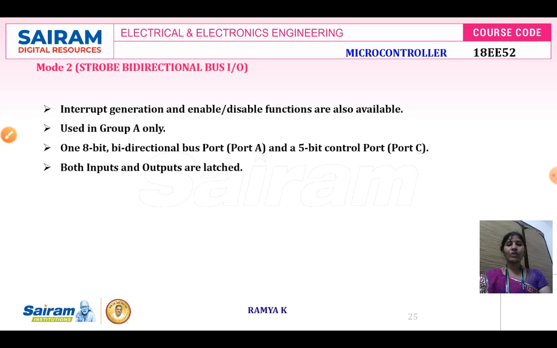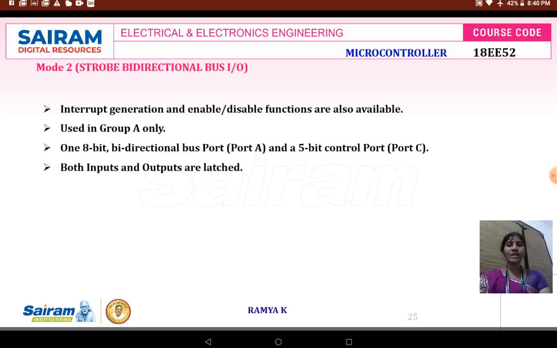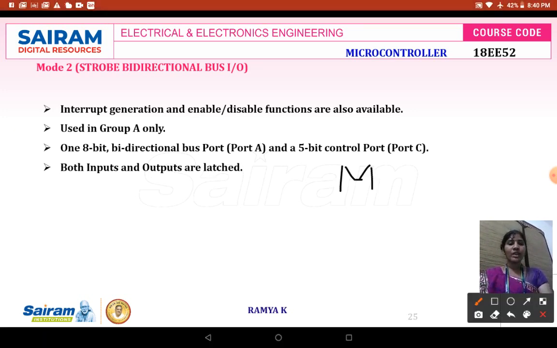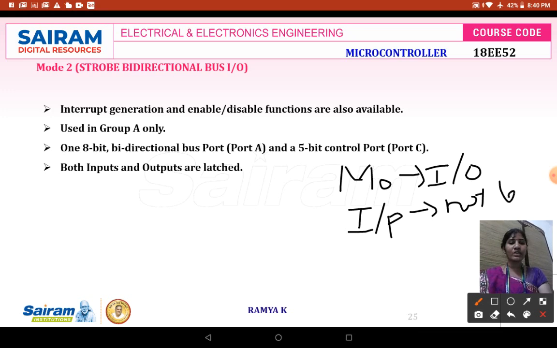Both input and output are latched. When you see your mode 0, though it is acting as an IO mode of operation, that is port A, port B and port C are used as IO, in this your inputs are not latched. Input cannot be latched.